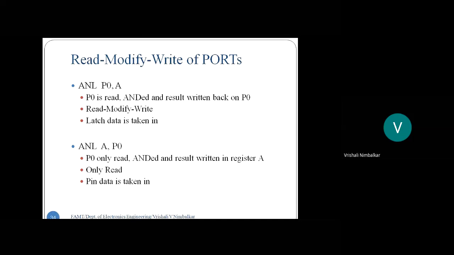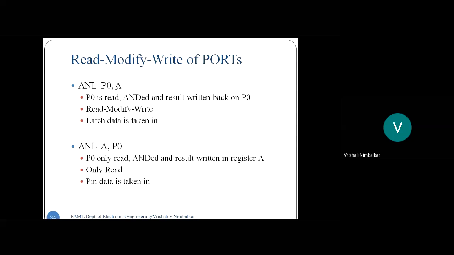And for SFRs, we have an option, either refer to them by their name or by their address. So ANL P0, A is an example of ANL direct, A. Okay, so how is this going to work? Data from the accumulator is ANDed with the data from port 0 and the result is stored back on port 0.